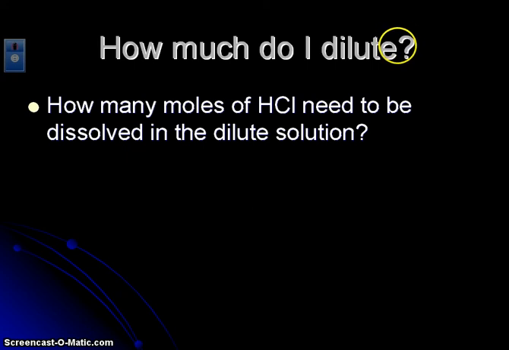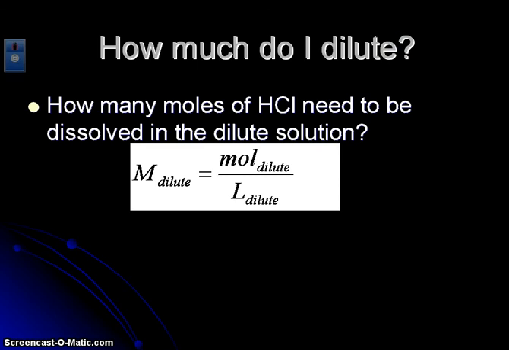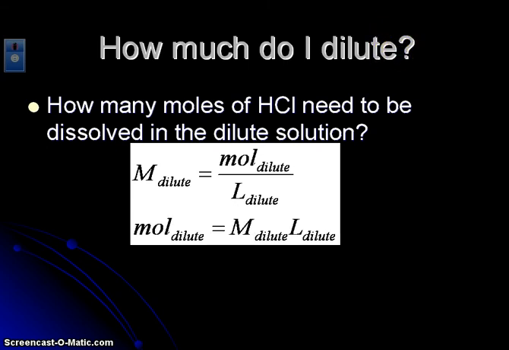We know our equation for molarity is molarity equals moles over liter. So for my dilute solution, molarity of dilute equals moles of dilute over liters of dilute. If I rearrange that for moles, my moles of dilute are going to equal my molarity of dilute times my liters of dilute solution.